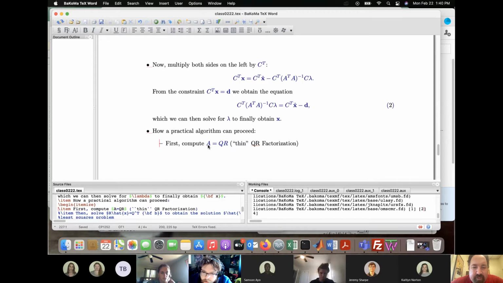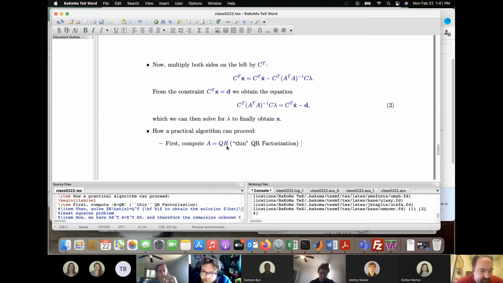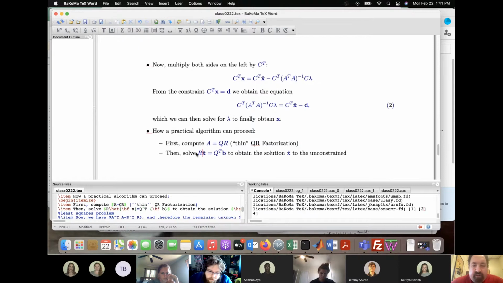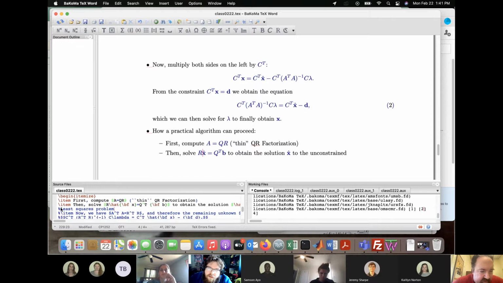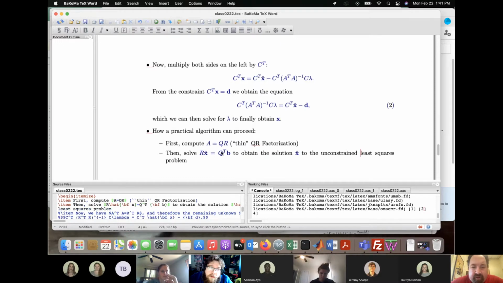So A is m by n, Q is also m by n, and R is the n by n non-singular upper triangular matrix. Now I solve the unconstrained least squares problem by solving this upper triangular system by back substitution. So now I have my x hat.